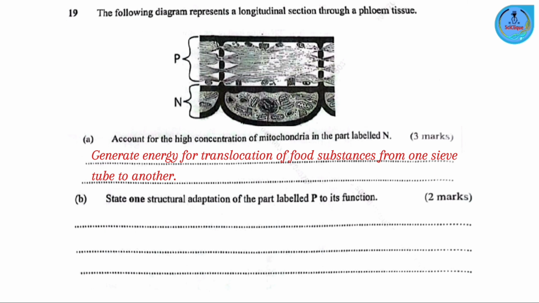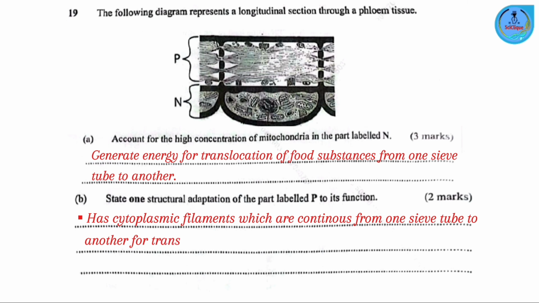Part B. State one structural adaptation of the part labeled P to its function. Okay, so number one has cytoplasmic filaments which are continuous from one sieve tube to another. And this, of course, allows for the translocation of food.